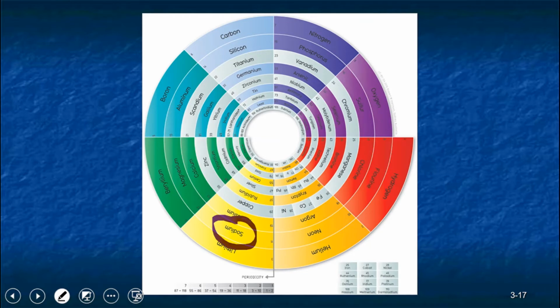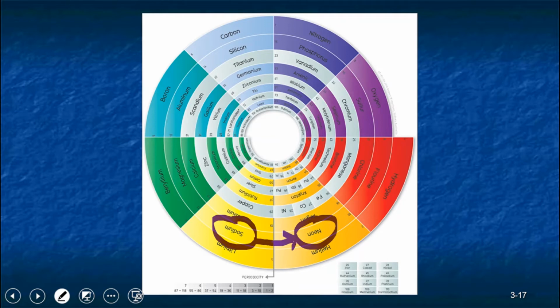But notice that in this spiral representation, sodium is right next to neon. They're only different by 1 electron. However, in this case, the way that sodium could have the magic number of electrons that makes it stable would be by losing an electron to have 10, and that's why sodium would form a +1 ion.